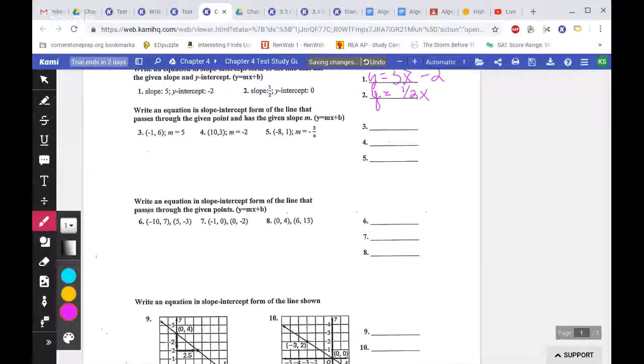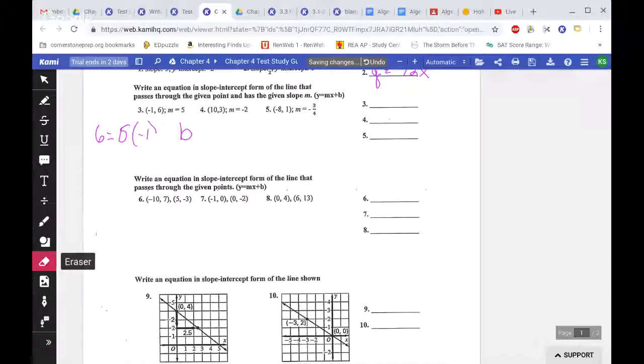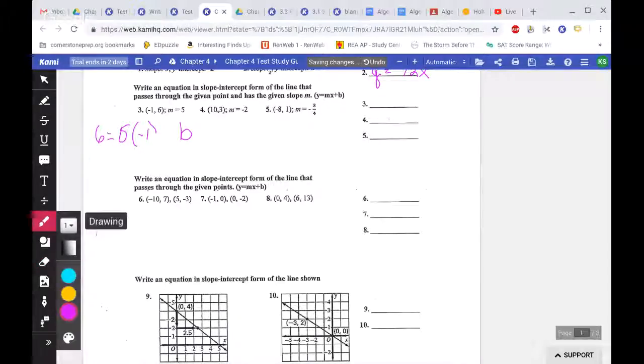Okay, so for number 3, what am I going to do? 6 equals 5 times negative 1 plus b. Right? Because I want to find b, because I'm writing it in slope-intercept form. Answer y equals 5x plus 9.